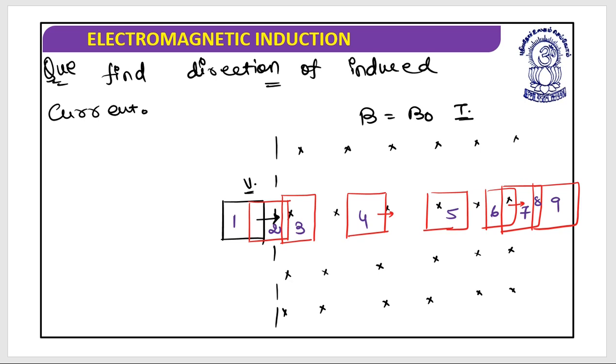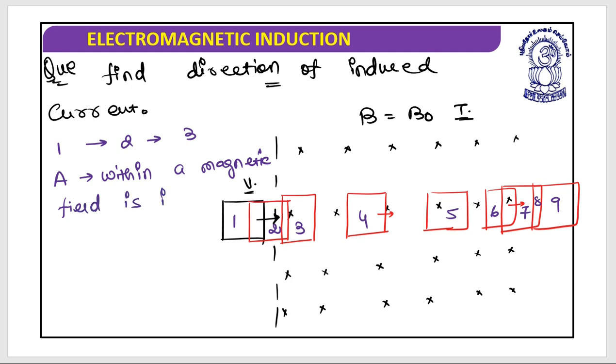If you observe the situations from 1 to 2 and 2 to 3, you must understand that the area within the magnetic field is increasing.